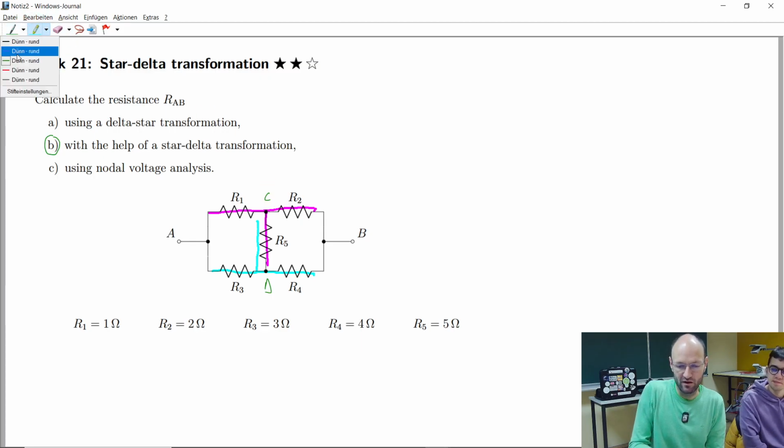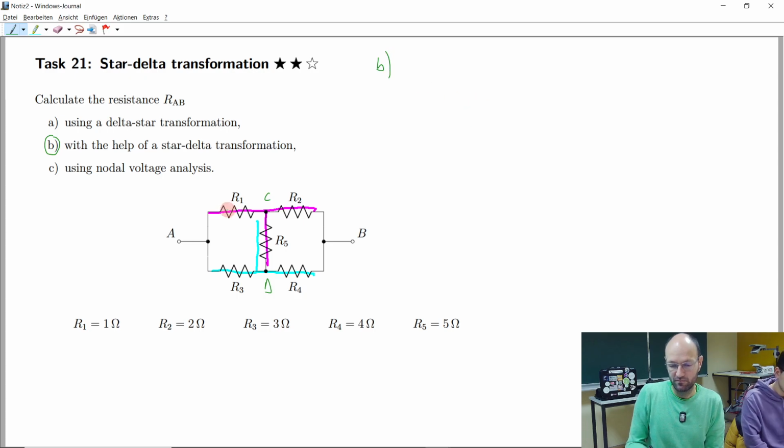Okay, so I will once again redraw the circuit, and so now we take this star and transform it into a delta. So on this side here we still have our node A, and from A we then have one resistor in this delta that goes all the way over to B already.